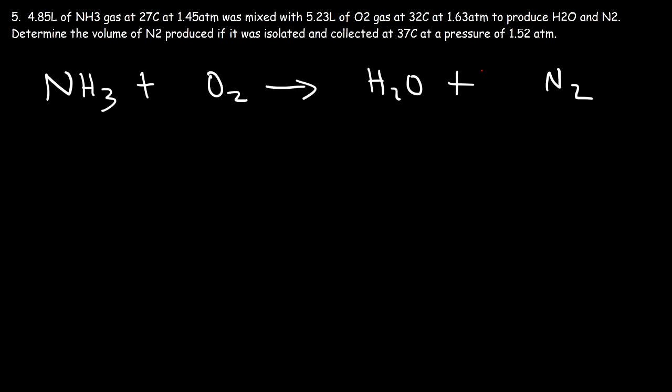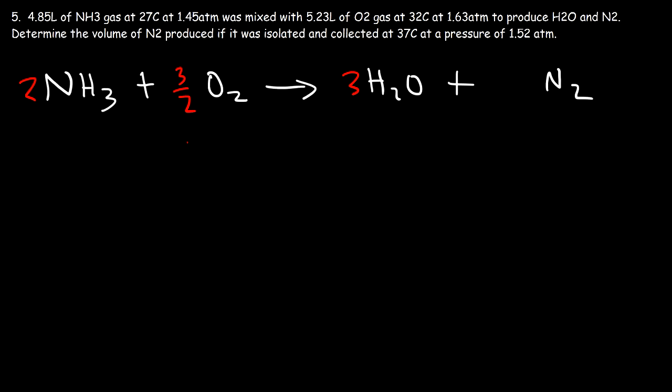Well, we have 2 nitrogen atoms on the right side, so that may imply that we should put a 2 in front of NH3, which now means we have 6 hydrogen atoms on the left. So we should put a 3 in front of H2O. And so now we have 3 oxygens. To get 3 on the left, 3 divided by 2 is 3/2.